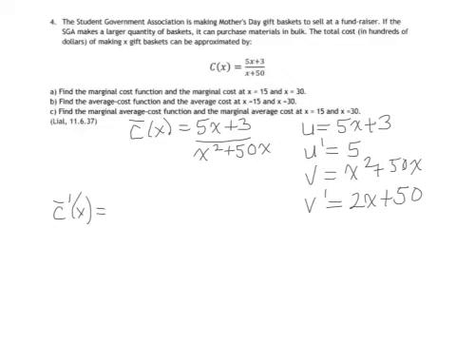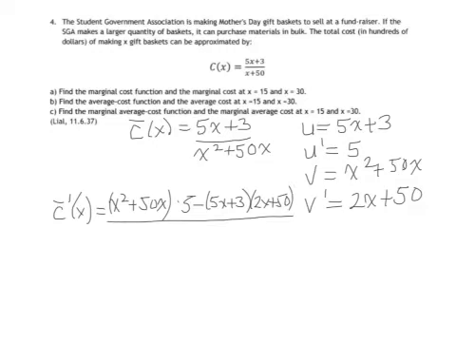And again, we need v, which is x squared plus 50x, times the derivative of u, which is 5, minus u, which is 5x plus 3, times the derivative of v, which is 2x plus 50, and all of that is going to be over v squared, which is x squared plus 50x, all squared. Yeah?